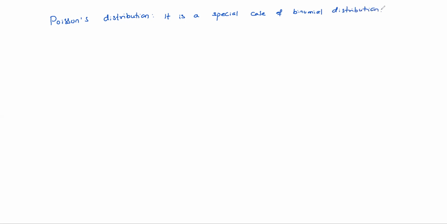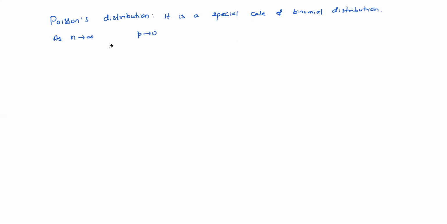Here, as n tends to infinity, n is a very big value, and np is constant. np means n into p. p is very small, of course, that we can also write.